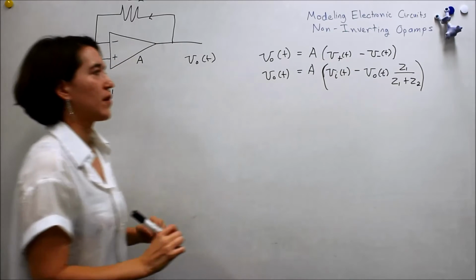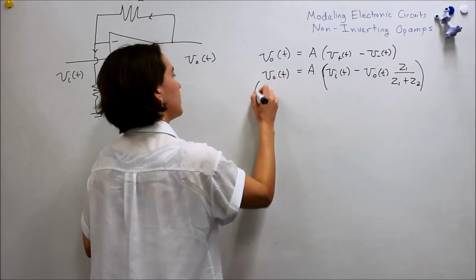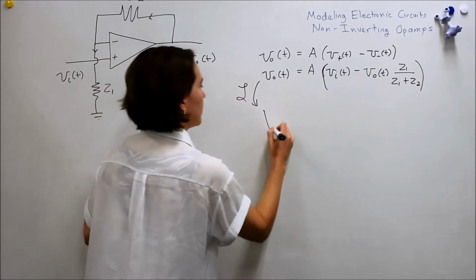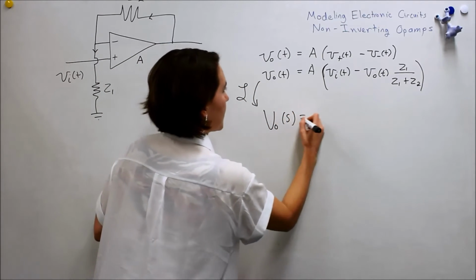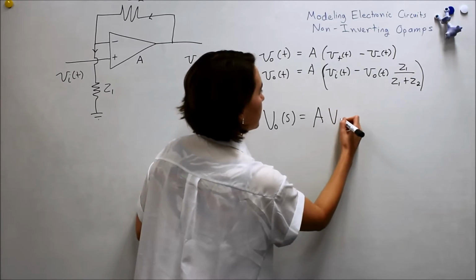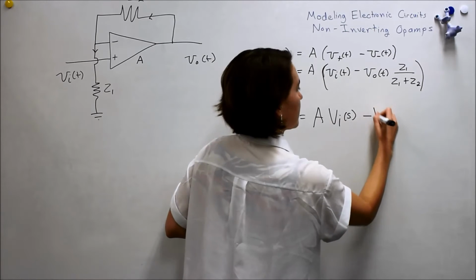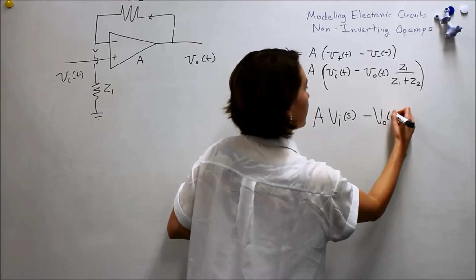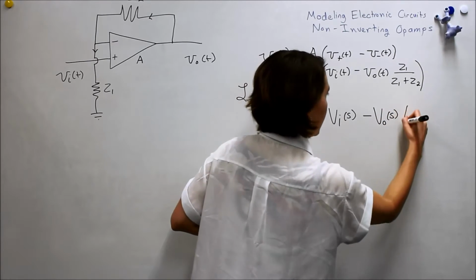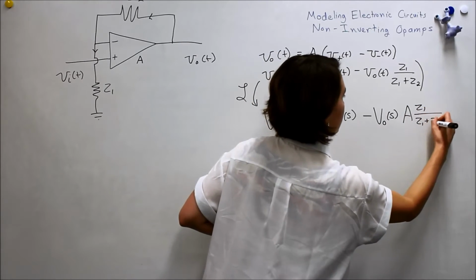Okay, so there's our base equation. Let's take the Laplace of it. And I'm going to break out the A right here already. And so this would be minus the Vout of s, A, and Z1 over Z1 plus Z2.